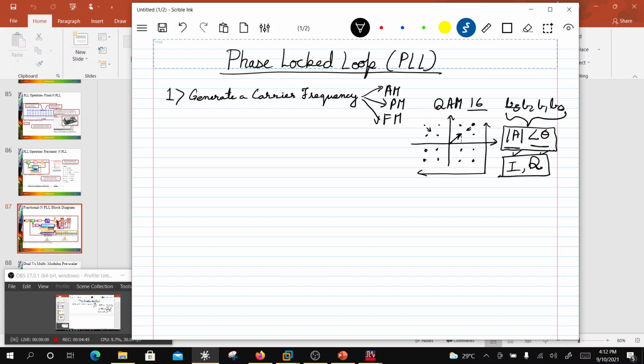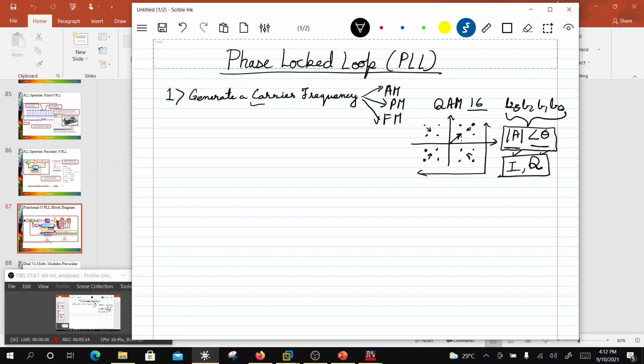So all these things are there. This is a form of quadrature amplitude modulation, and this is most commonly used in communication systems these days. And what is required for this is a carrier frequency. So the PLL basically generates a carrier frequency that is modulated by the signal and transmitted, and when it's received it is demodulated and you get the signal back.